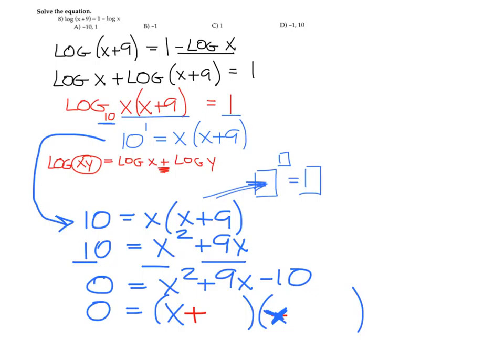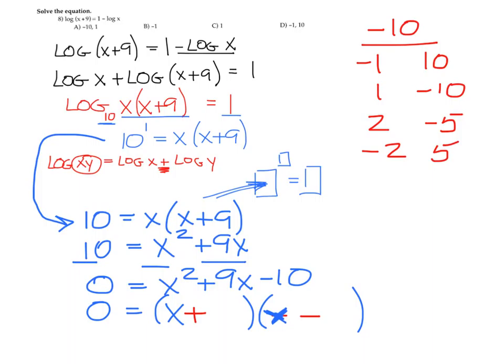Two numbers, one positive, one negative, that multiply to give me a negative 10 but add to give me a positive 9. The factors of negative 10 are 1 and negative 10, negative 1 and 10, 2 and negative 5, negative 2 and 5. Which pair of numbers will give me a positive 9?